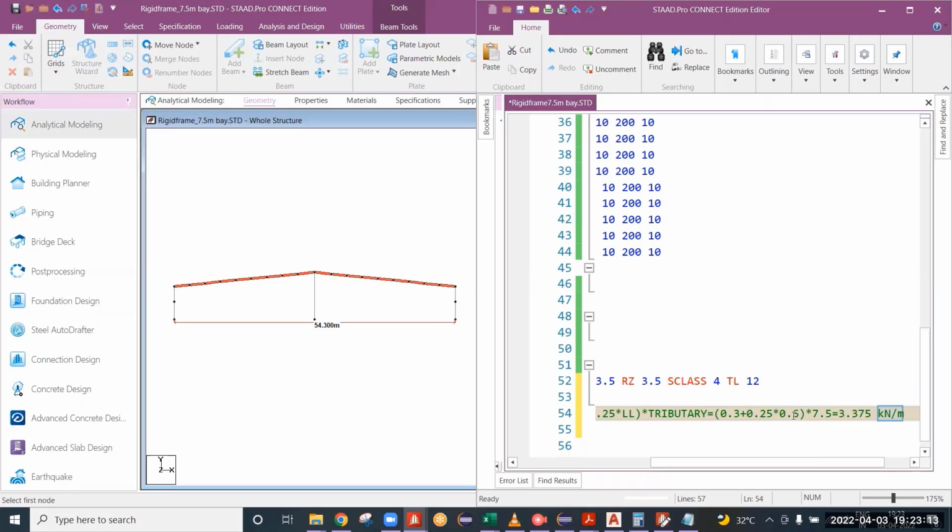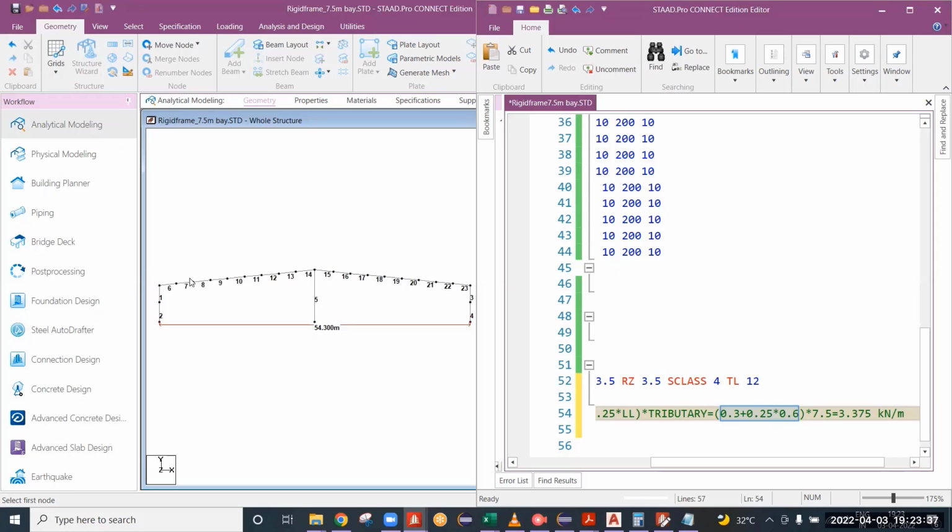The dead load and live load we have considered to calculate seismic weight will be acting on the rafters only, not on the column. They will distribute to the column, but they will not act directly on it. That is why we have to apply seismic weight on the rafters only. So what are the numbers of the rafters? 6 to 23.